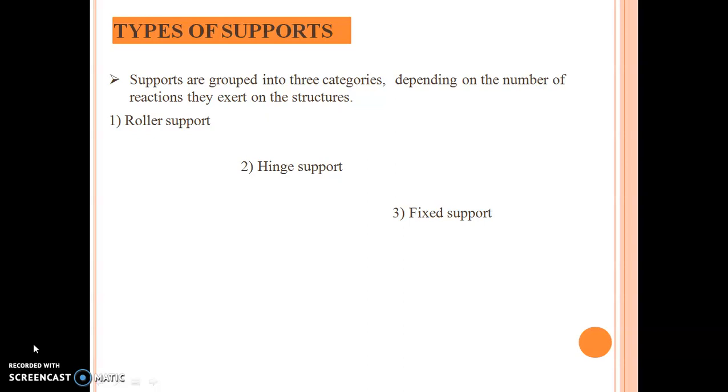The second support is the hinge support, where two reactions act at the position of that support. And the third support is the fixed support, where three reactions act at the fixed support. This is the classification of supports.